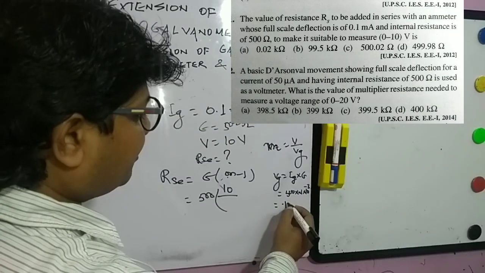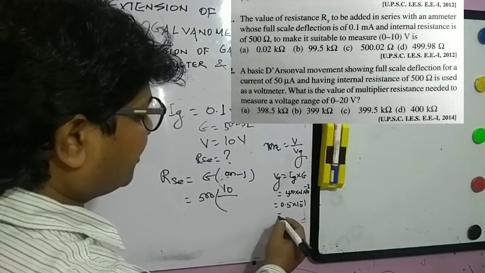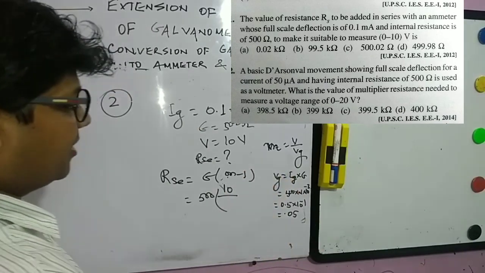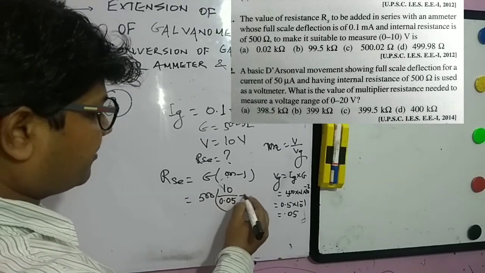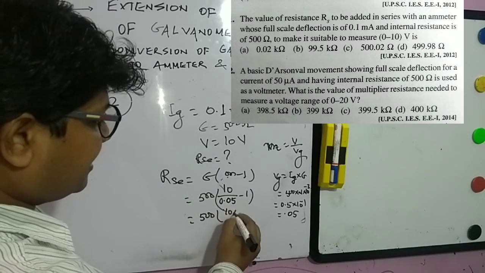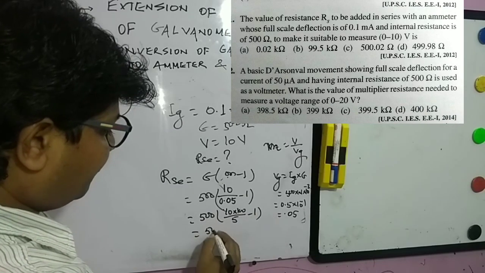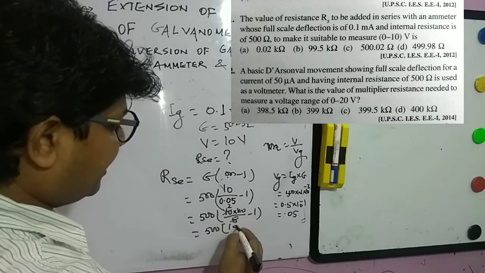So this is 0.5 into 10 to the power minus 1, so this is 0.05. So Vg is equal to 0.05. So this is 500 into (10 into 100 divided by 5, minus 1). So 500 and this is 200 minus 1, means 199.